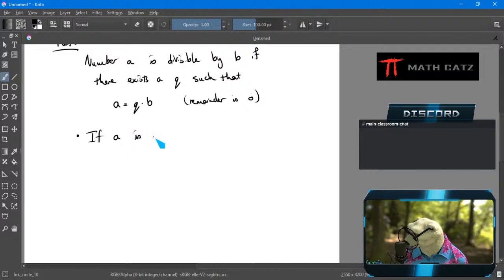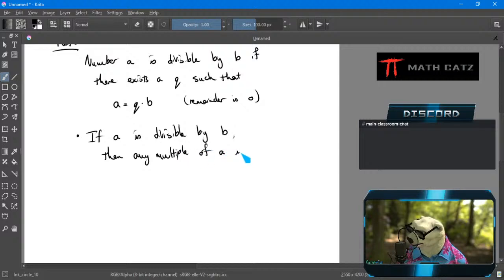If A is divisible by some other number B, I think of A as my big one, B as my small one, then, sorry, other way around, then any multiple of A is also going to be divisible by B.